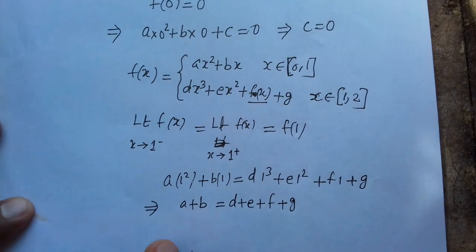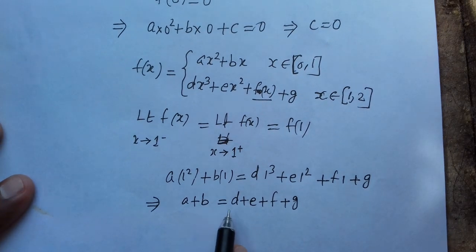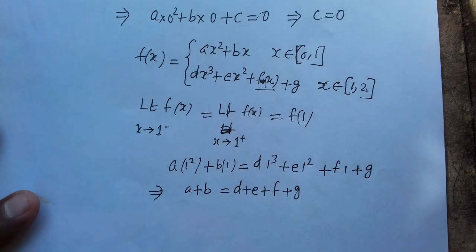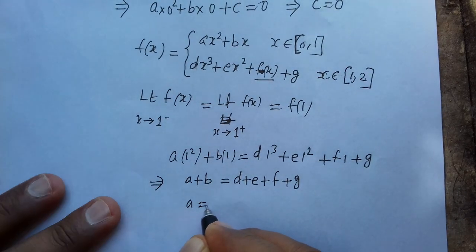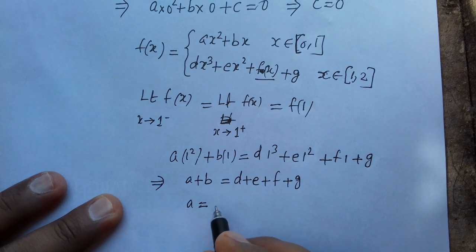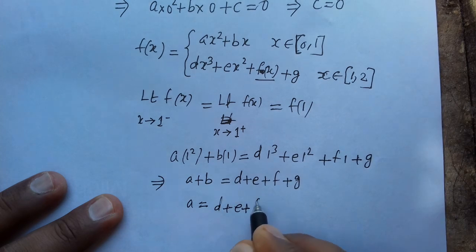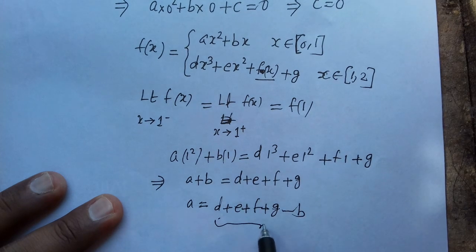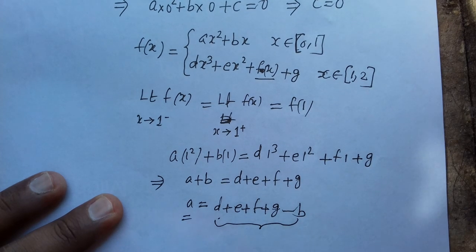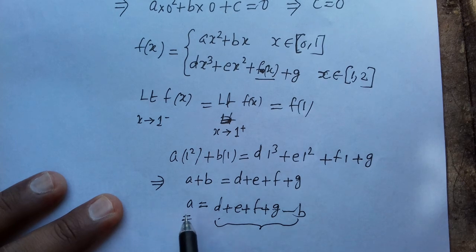Here you see 6 symbols, 1 2 3 4 5 6, and any symbol, suppose a for the time being, can be written as a linear expression of the other 5, that is d plus e plus f plus g minus b. This symbol a is expressed as a linear combination of these 5.